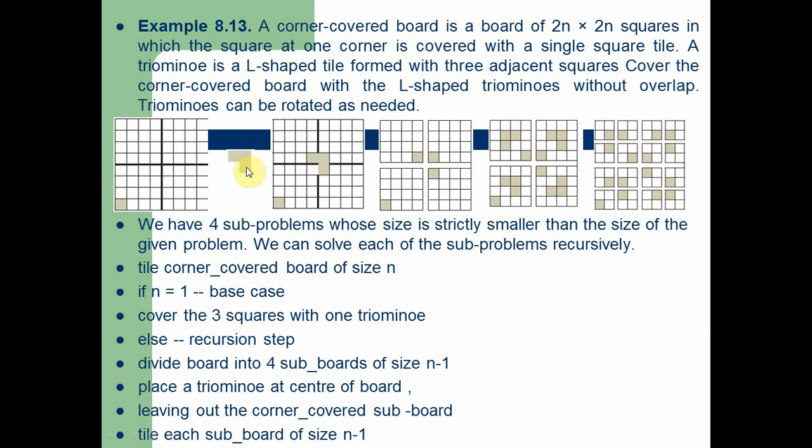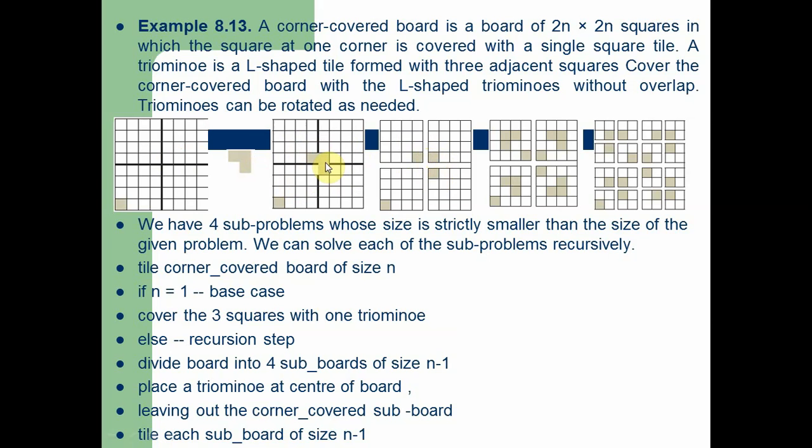We want to cover the board with L-shaped triominoes without overlap. So we place a triomino in the center of the board and convert the board into smaller boards. The board is converted into four parts, and the adjacent parts are covered with the small tiles.